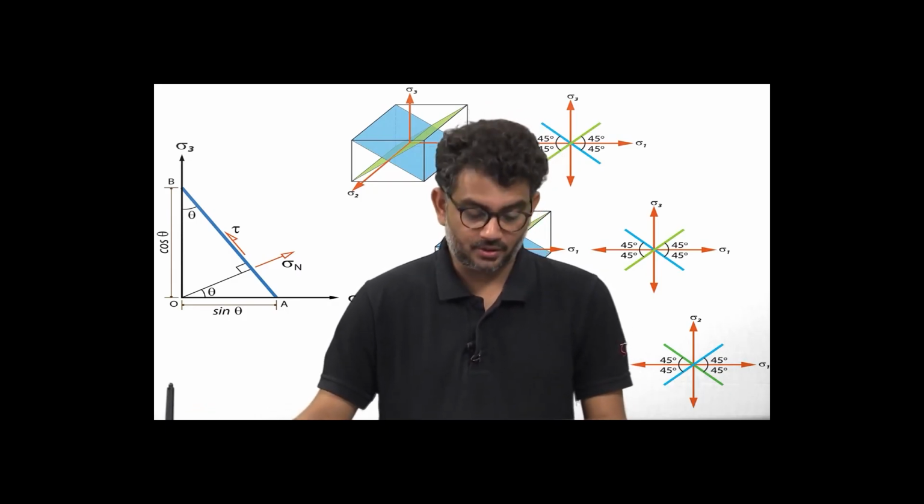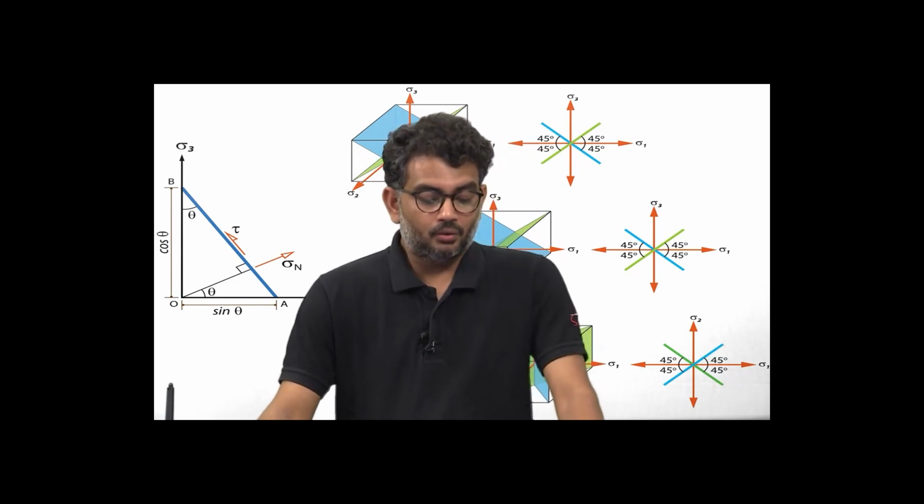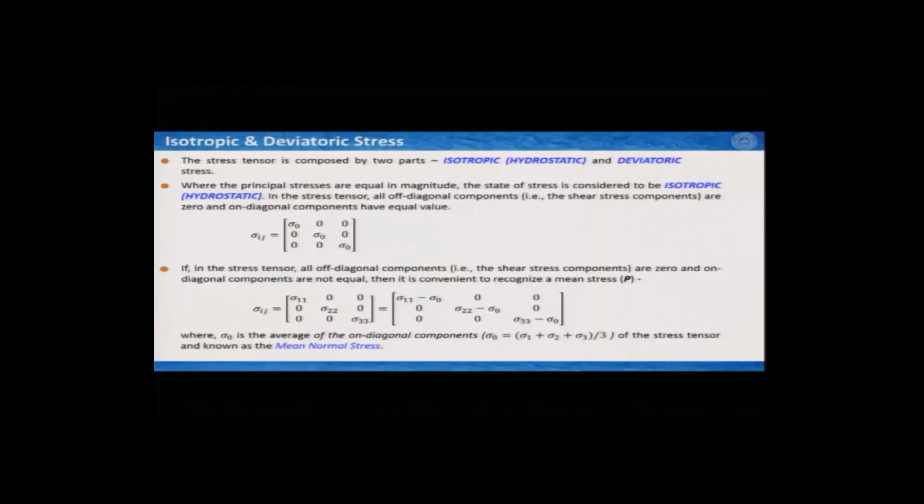As it is written here, where the principal stresses are equal in magnitude, the state of stress is considered to be isotropic or hydrostatic. That means the magnitudes of sigma 1, sigma 2 and sigma 3 are equal, but of course they are mutually perpendicular to each other.